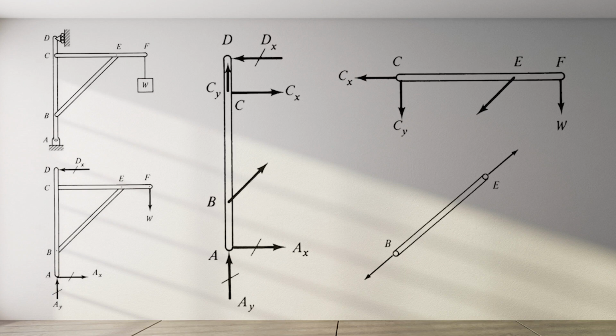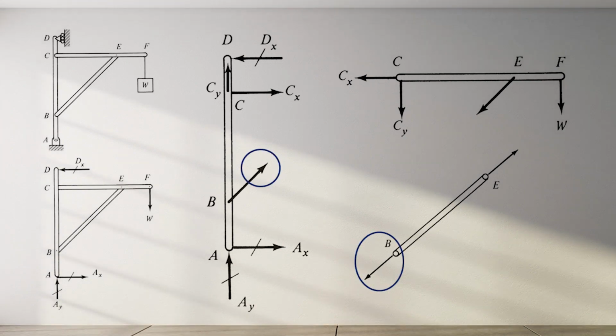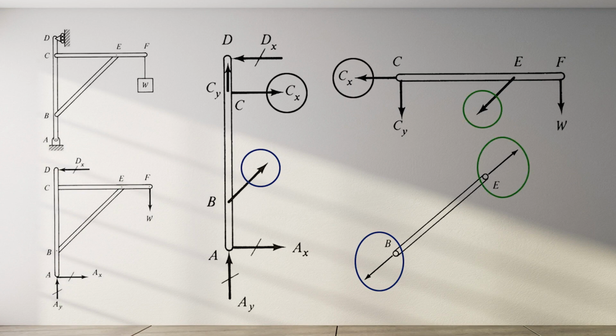In accordance with Newton's third law, the forces at C on member AD are in opposite directions from the forces on member CF. Similarly, the force at B on member AD is opposite the force on member BE. The force at E on member CF is opposite the force on member BE.